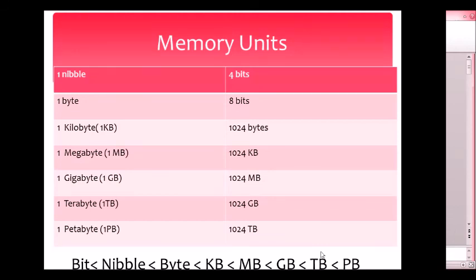Okay, I hope you understand what is memory, and what are the types of memory, and what are the differences between RAM and ROM, what are the differences between primary memory and secondary memory, and what are the different secondary memory devices available for us, and what are their features, qualities, and capacities, what are different disks, and what are their qualities, all those things I hope you understand, and these memory units also.